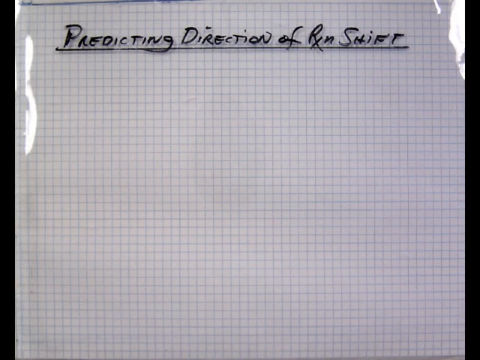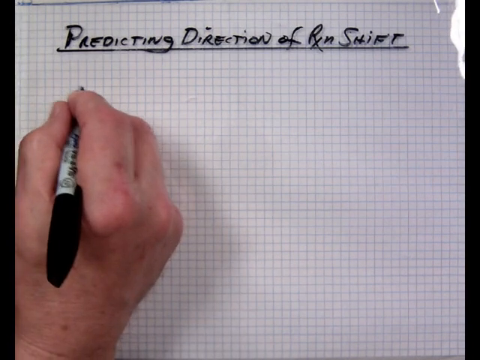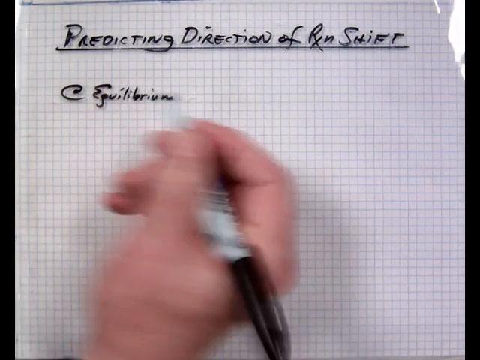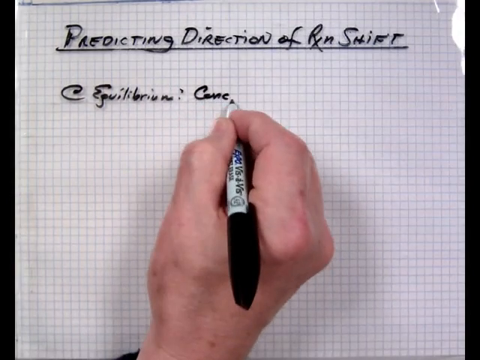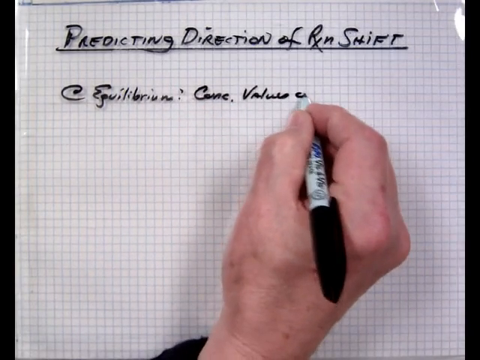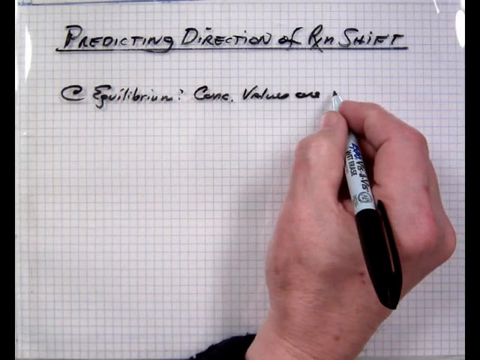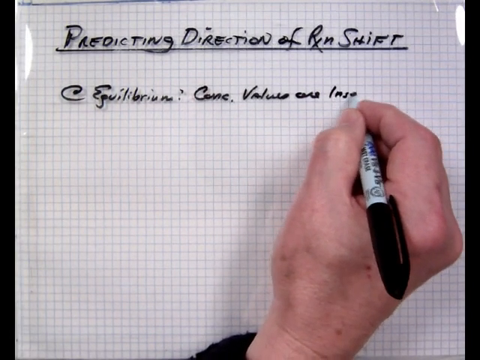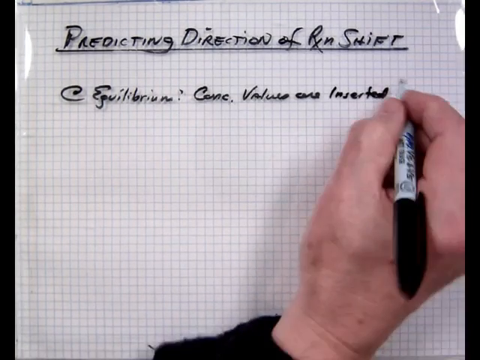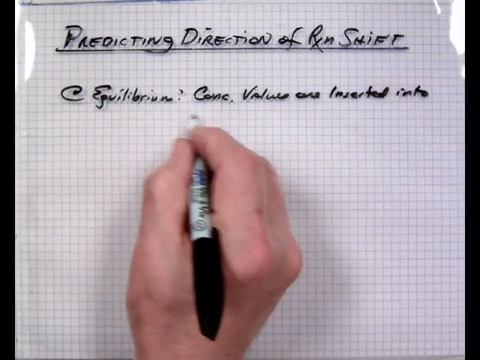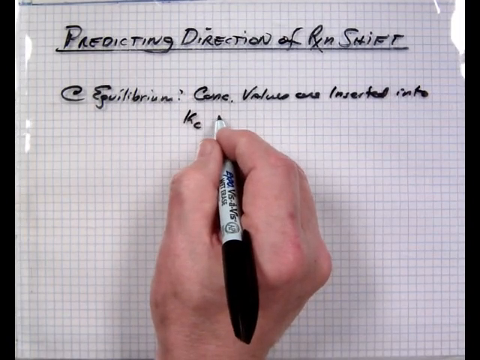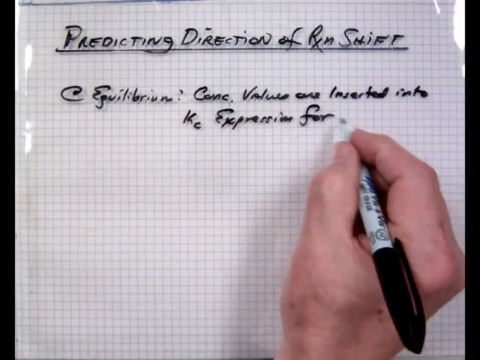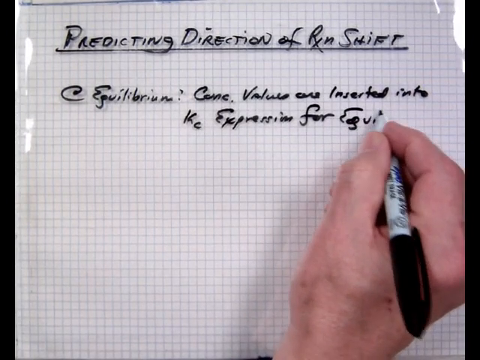For a given reaction at equilibrium, concentration values are substituted into the Kc expression for the equilibrium constant.